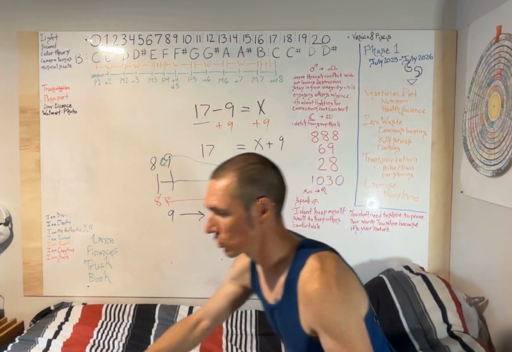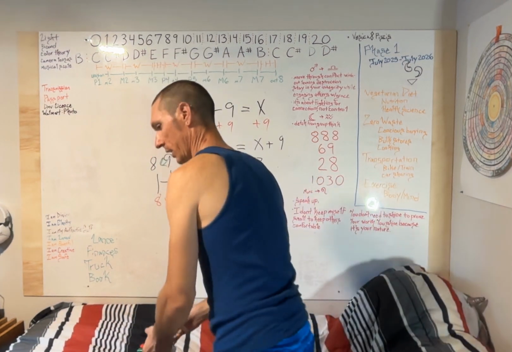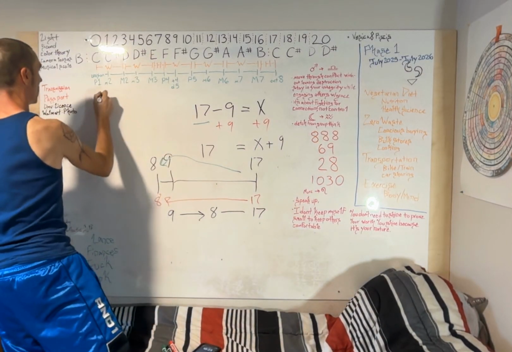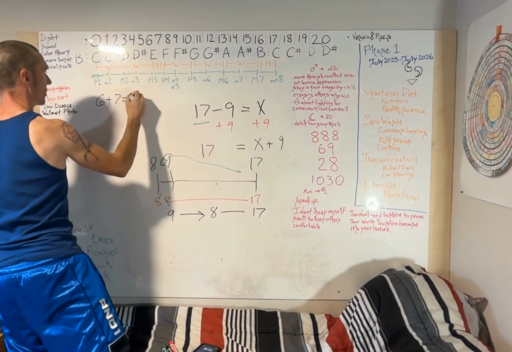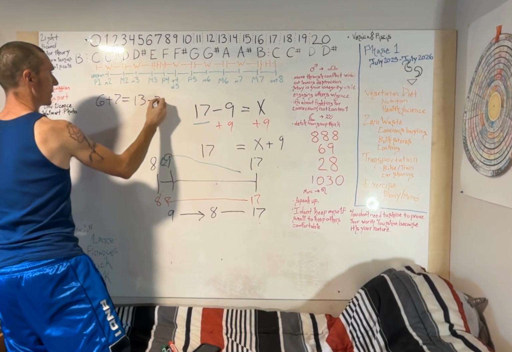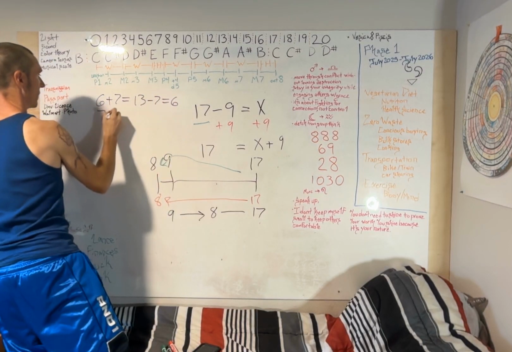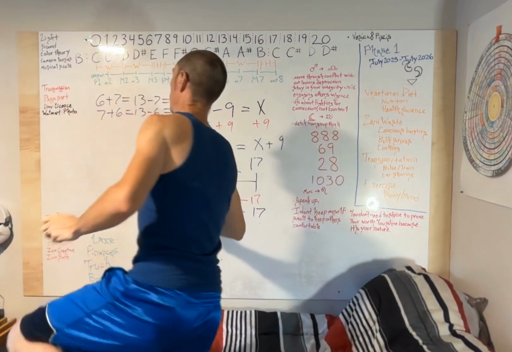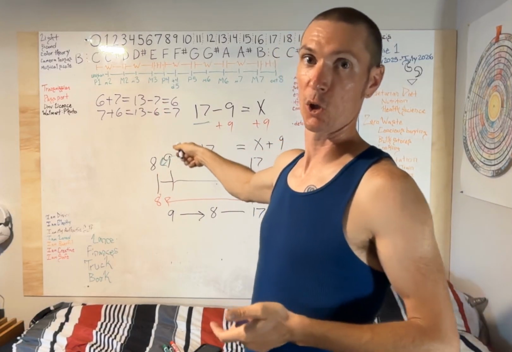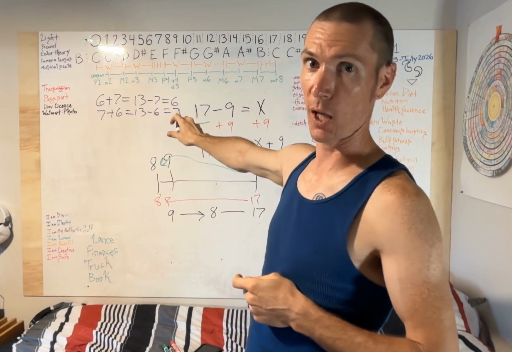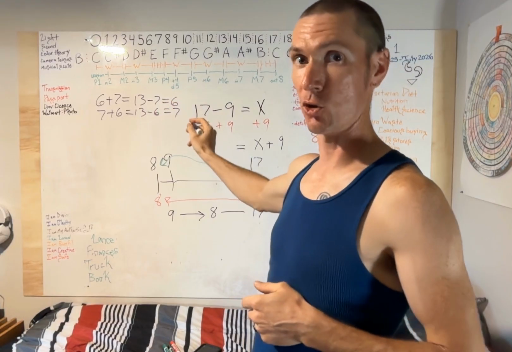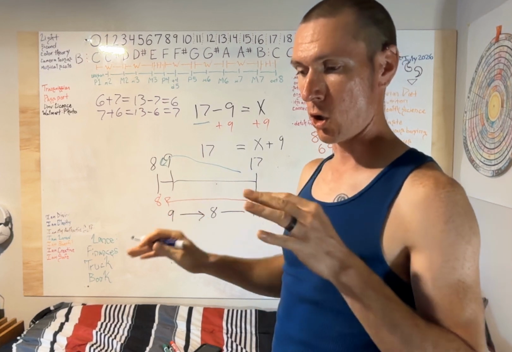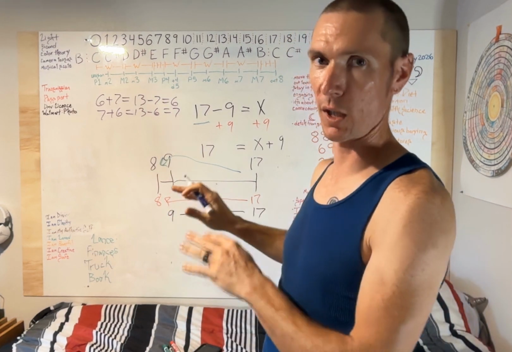The way that I describe relationships with numbers is like 6 plus 7 equals 13. 13 minus 7 equals 6. 7 plus 6 equals 13. 13 minus 6 equals 7. The relationship between these three numbers when they're being added or subtracted: 6 and 7 are in a relationship with 13 because those three numbers together are intertwined, right? They form a relationship together.